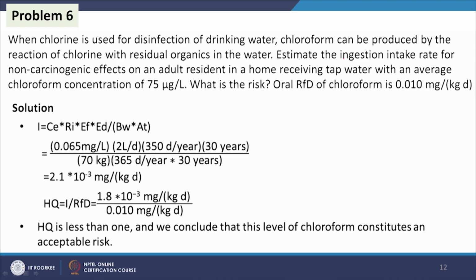So, we are getting that HQ is less than 1, and we conclude that this level of chloroform concentration constitutes an acceptable risk. This risk is not much, it is acceptable because it is less than 1. So, when the HQ is less than 1, then the concentration is acceptable.